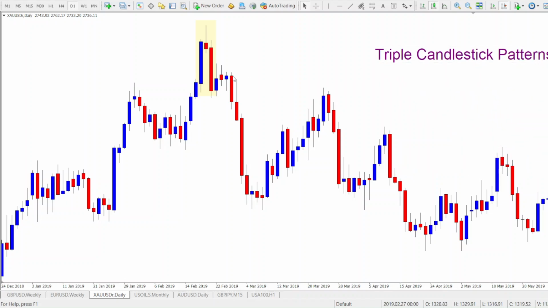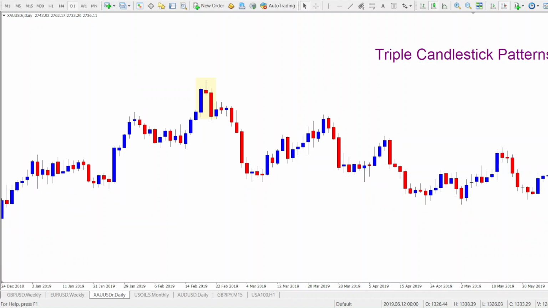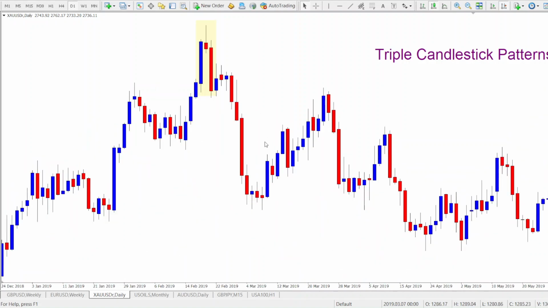So when you find an evening star on your chart, there's a chance that a bearish move is about to happen, and you can see that happened immediately. Spotting this pattern can suggest that a downtrend might be on the horizon, like we can see in this example. So next up, we have the 3 white soldiers and the 3 black crows patterns.